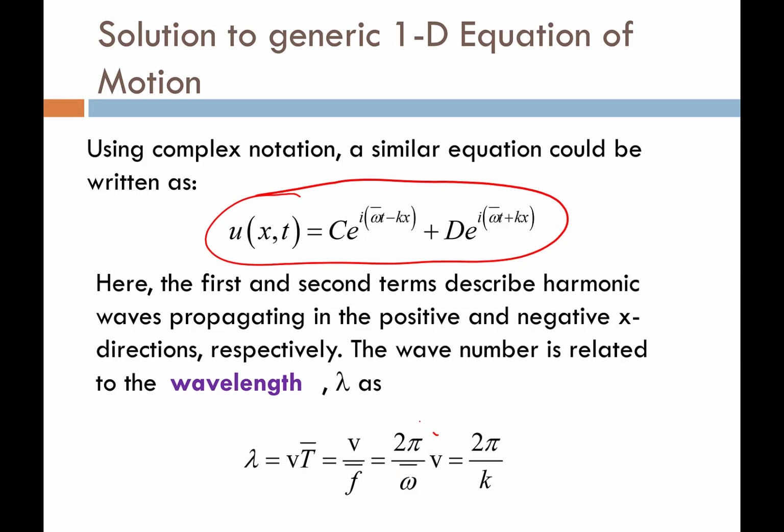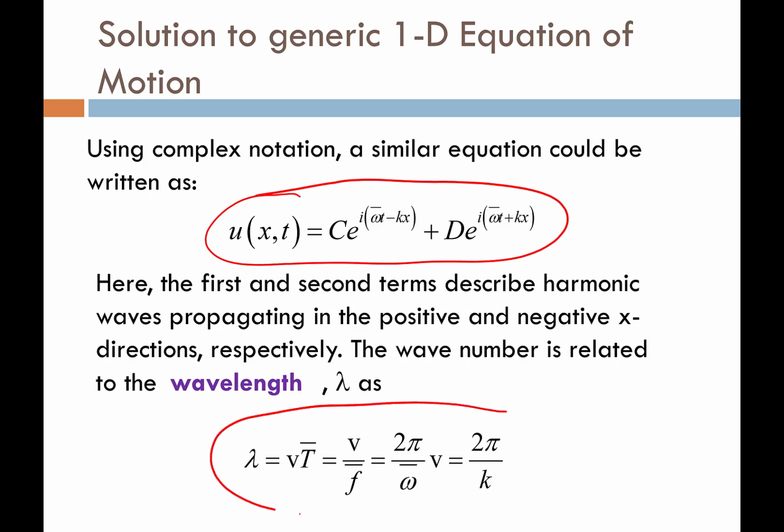So you can see we're dealing with 2 pi, so we're dealing in units of radians. Or we can relate it to the wave number of the material and the loading. And so there's all sorts of relationships that can be derived between these different wave descriptors.